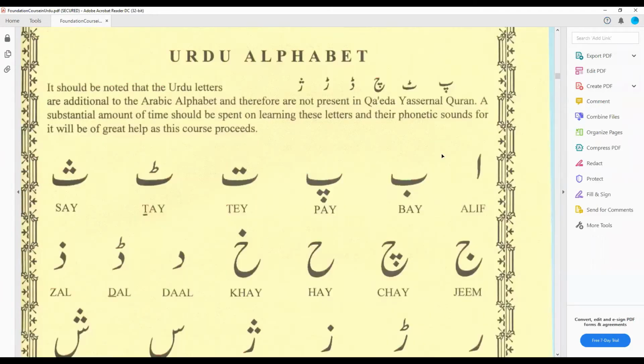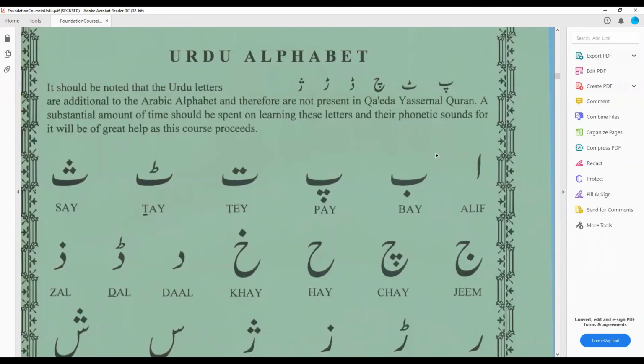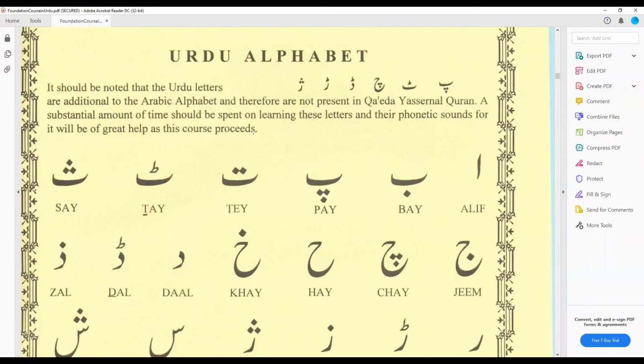Okay, Luca, we are on our alphabet, and I was telling these letters, pe, te, che, dal, re, and ze. Are these letters not included in the Urdu alphabet? So should we revise these letters again, or we don't need to?